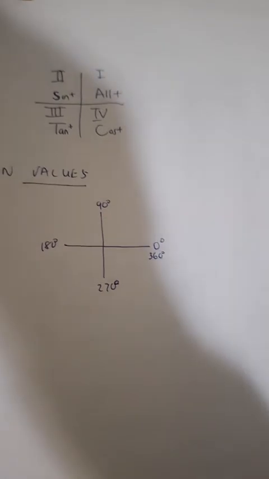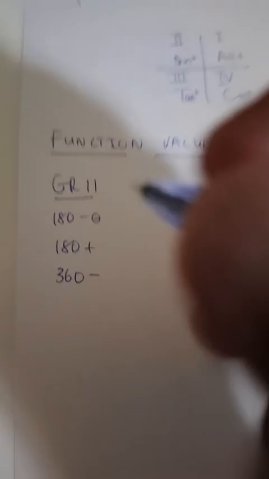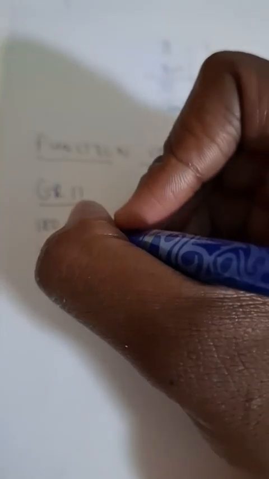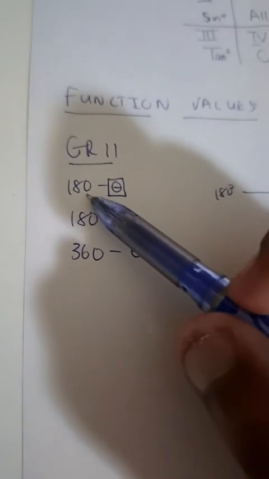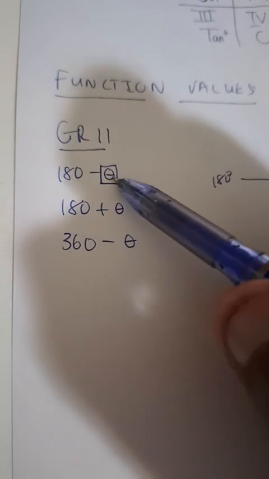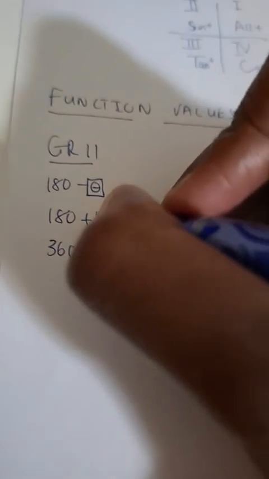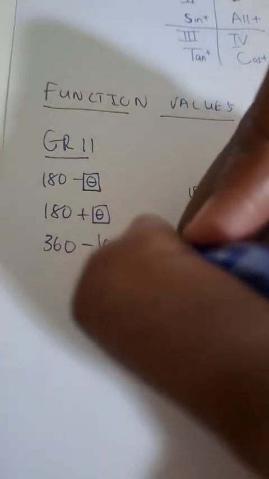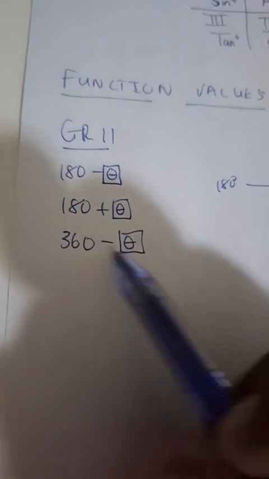Guys, here I need you to note something. These are what we refer to as function values. 180 minus, just forget about the theta for now. 180 minus, 180 plus, 360 minus.